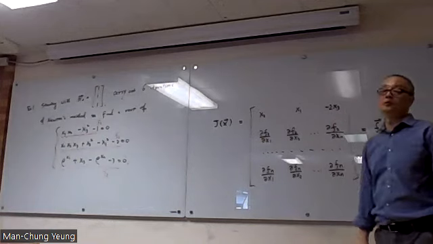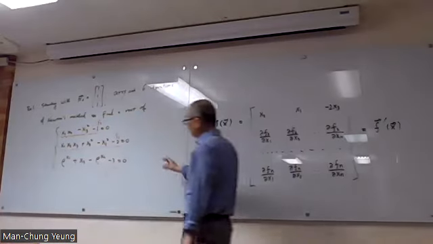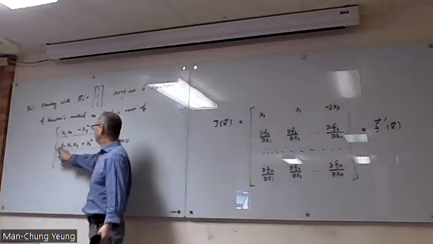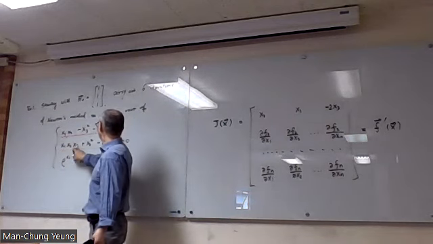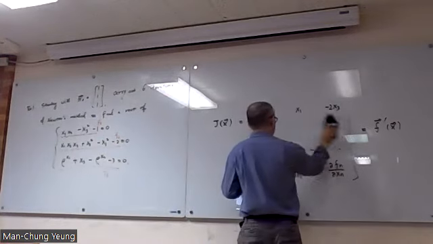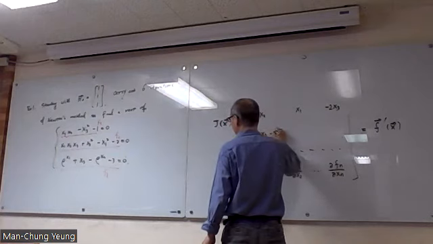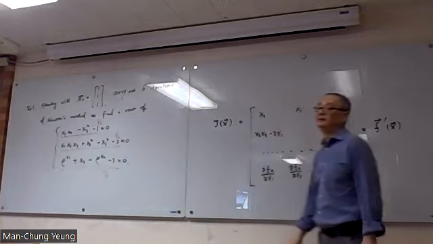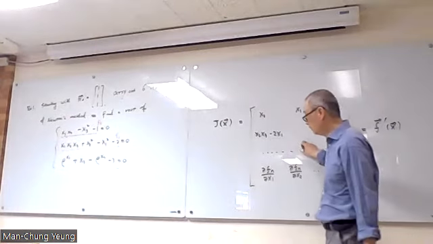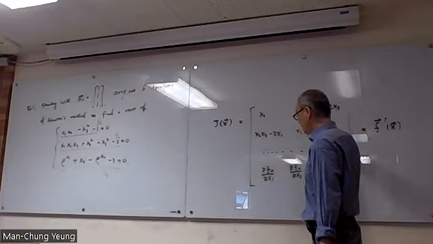Now the second row, derivatives of f2. F2 with respect to x1: x2 x3 minus 2x1. F2 with respect to x2: x1 x3 plus 2x2.